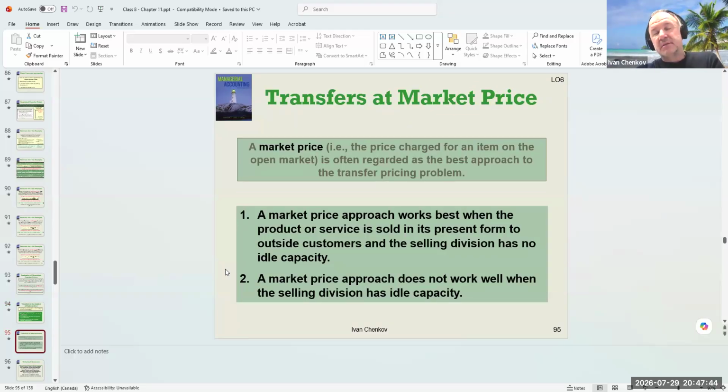The other option is not on cost, but on the market price, or the cost for the buying division, which is again from the market. The market price approach works best for production that is sold internally when there's some idle capacity. The market price approach does not work well with the selling division.